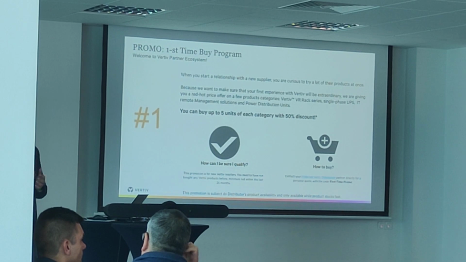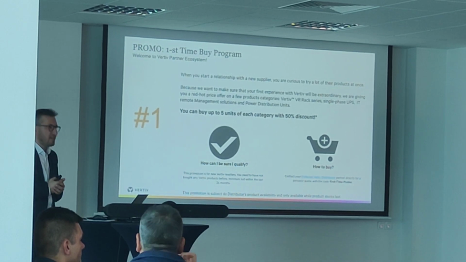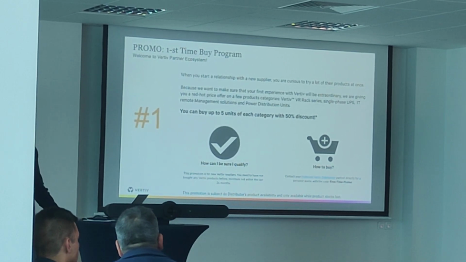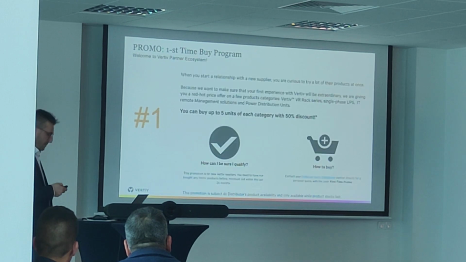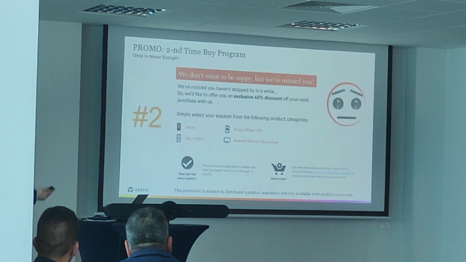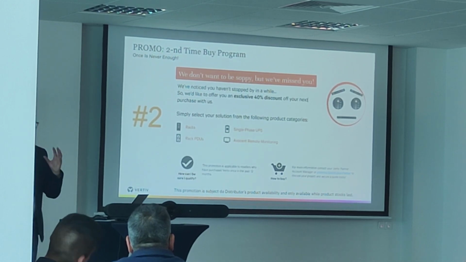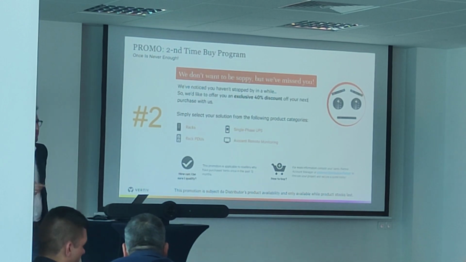If we didn't have business until now, so it's your first Vertiv project, you have by default 50% discount from the standard list price. This is for the first deal. For the second deal, you have by default 40% discount, no questions asked. Depending on the specifics of the project, we can quote differently.